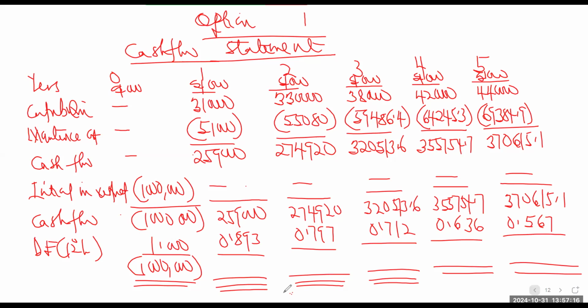So 0.893 multiplied by 259,000. What are we having? 2,287... 219,111.24. The second one, 219,111.24. Okay. Then 228,248.4.